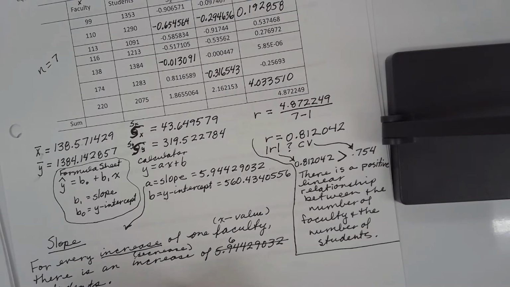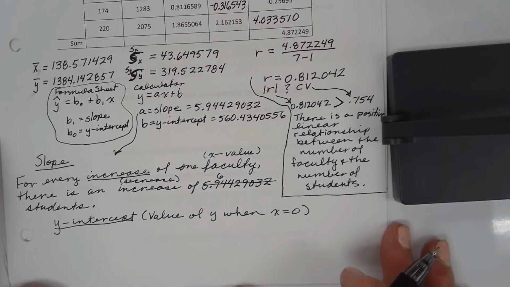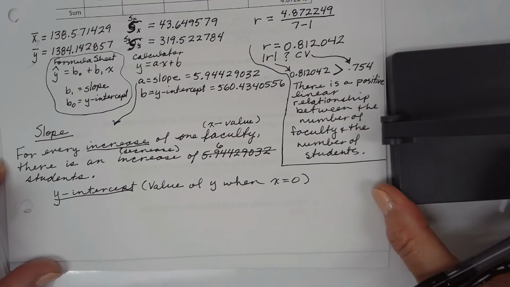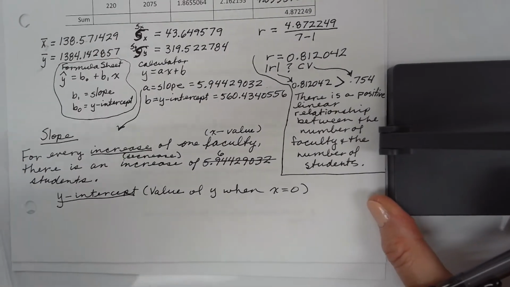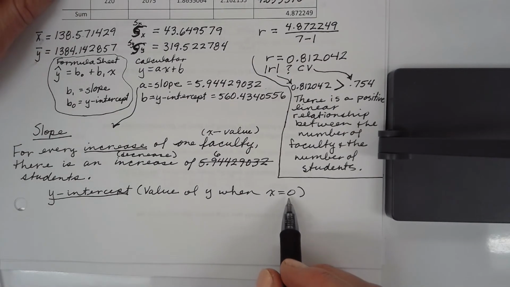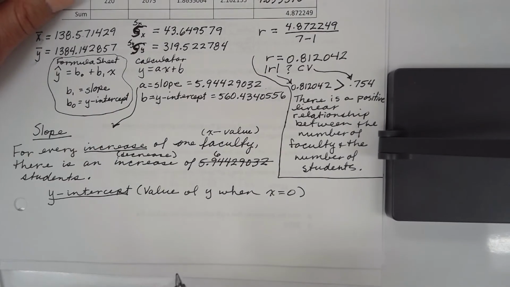So the y-intercept, that's the value of y when x equals 0. Okay? So sometimes that makes sense for a word problem, and sometimes it doesn't. So in this case, does it make sense that if x, the number of faculty, equals 0, that there would be 560 students?